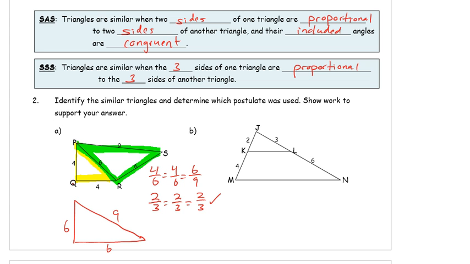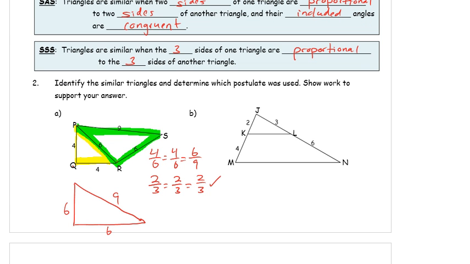So all we need to do is finish by saying that triangle, and again we want to be careful with this, let's label everything. This should be P here, this should be R here, and then this should be S here.